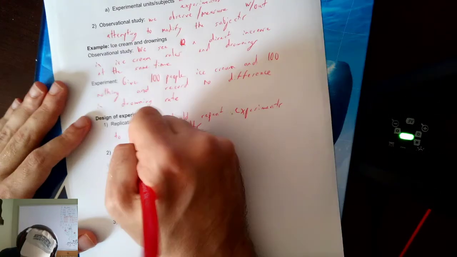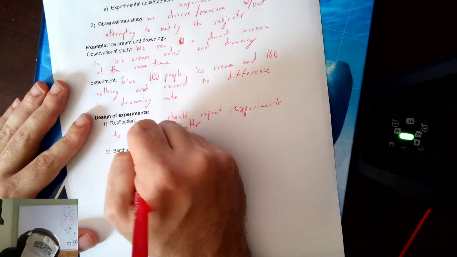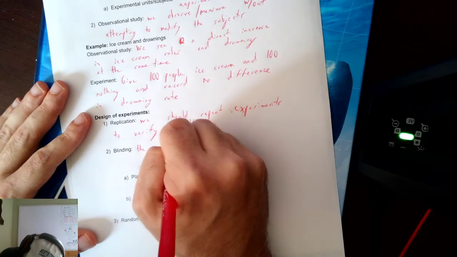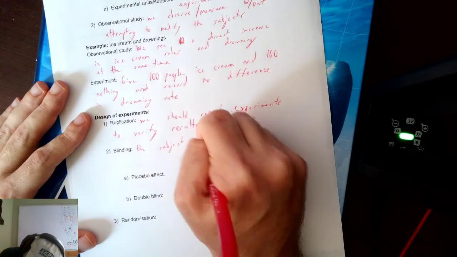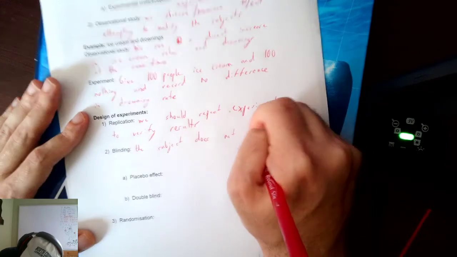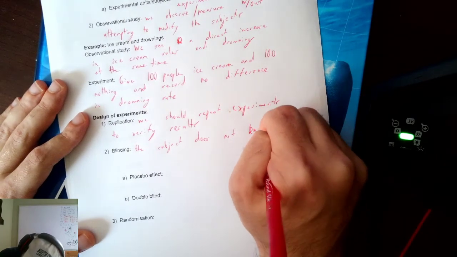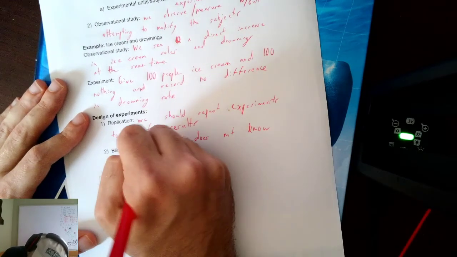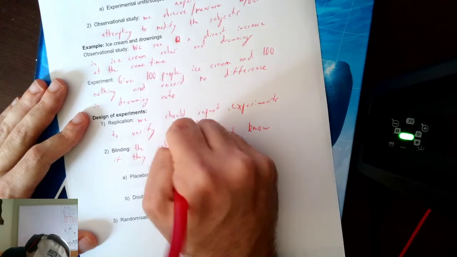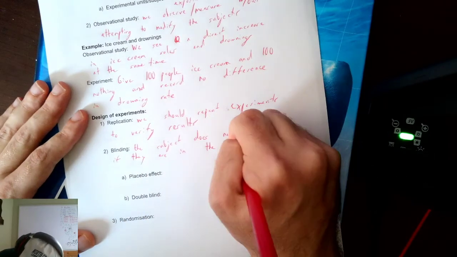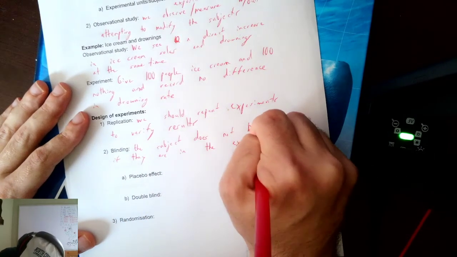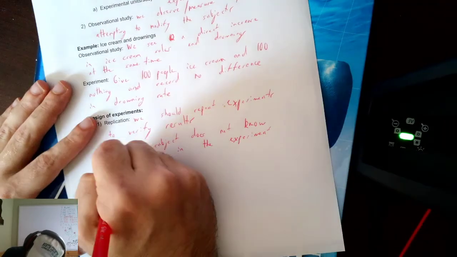Blinding. Blinding happens when the subject does not know if they are in the experiment group or the control group.